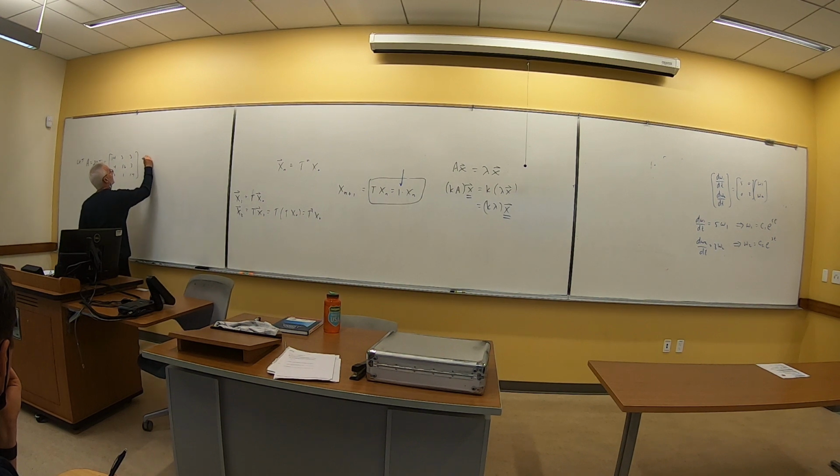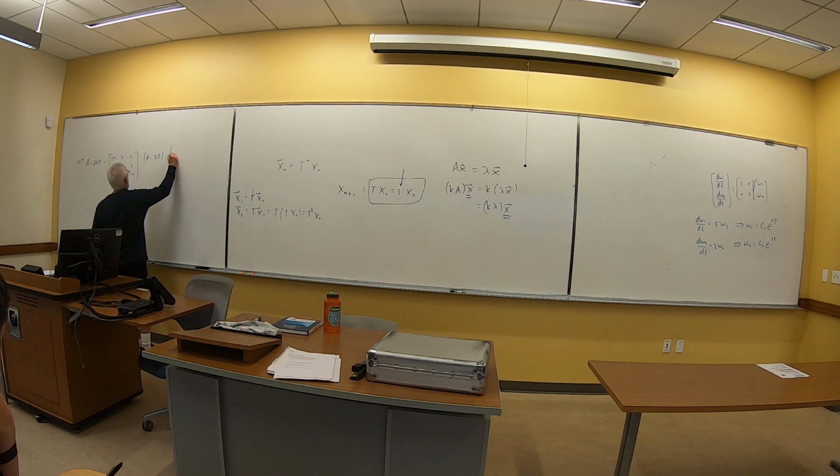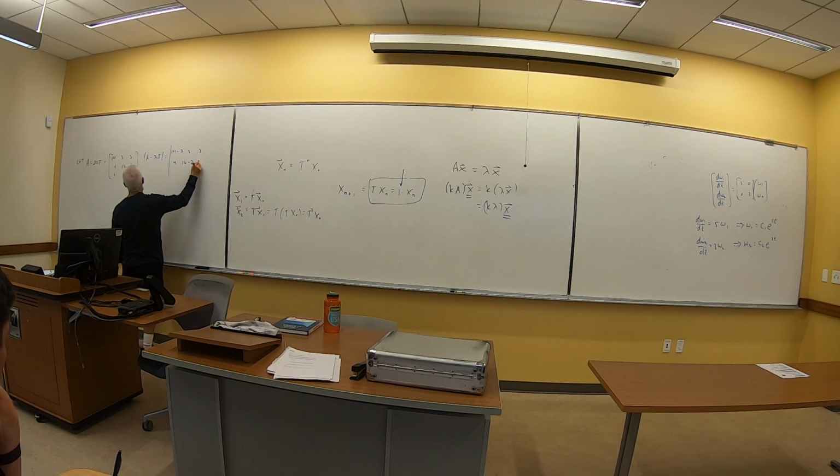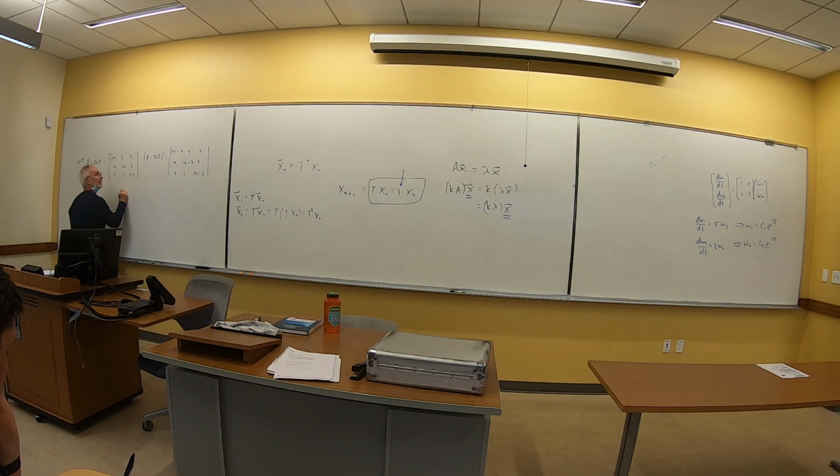So let's find A minus lambda I. And you may need your calculators for this one because some of these numbers are kind of large. All right, I'll use the top row.